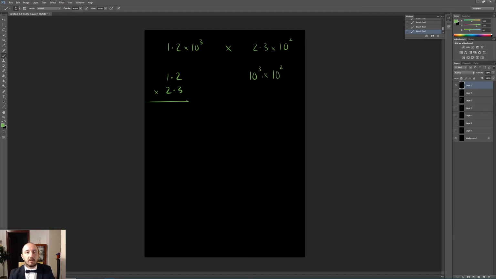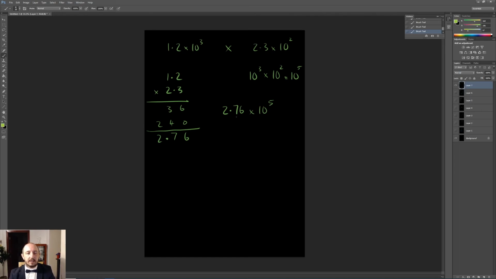The powers, from our earlier work, we just add these powers, 3 plus 2. And we would multiply these together and add them up, and then put our decimal places in like this. So what we have here is 2.76 times 10 to the power of 5. Okay?